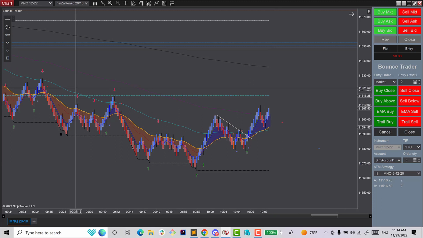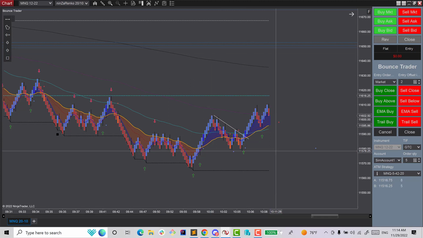This would be a 34B trade, a bounce from 34B. Even though it's kind of a compound 34B, it's not really touching the 34 EMA, but it's close. And yeah, that would be a good setup.